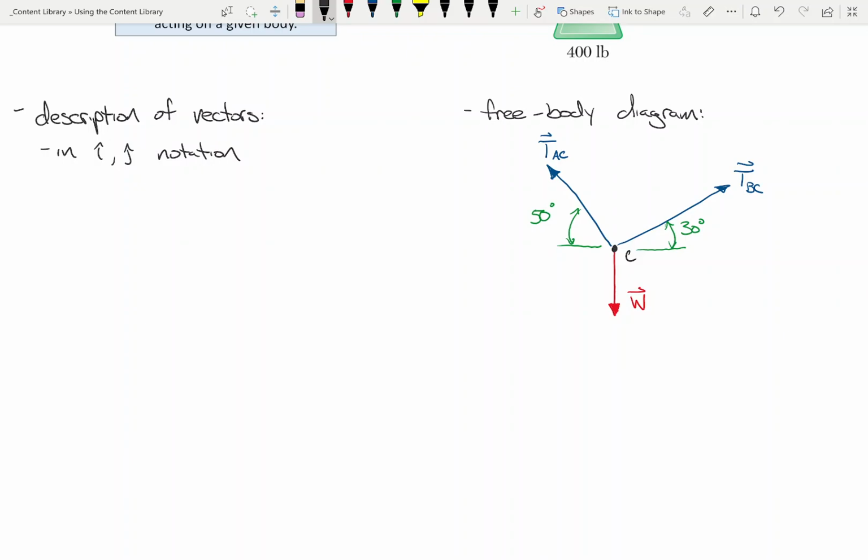Now the next thing I want to do is I want to describe these vectors. And when I say that, what I mean is I want to formally write what these vectors are. I want to actually write what they are. Okay, so let's start out with tension AC.